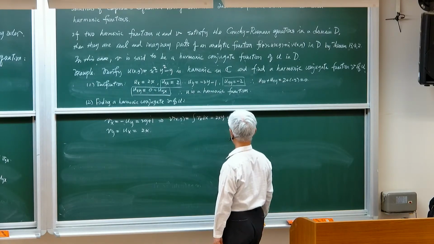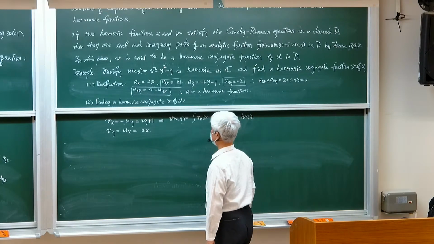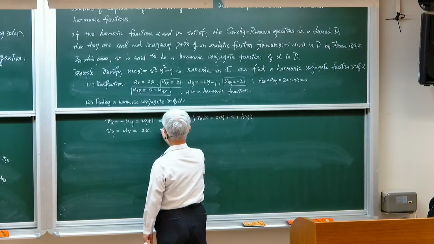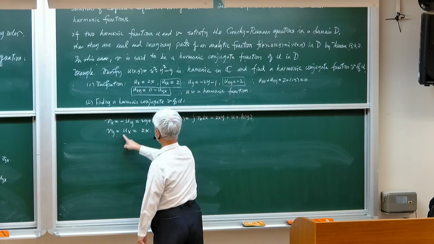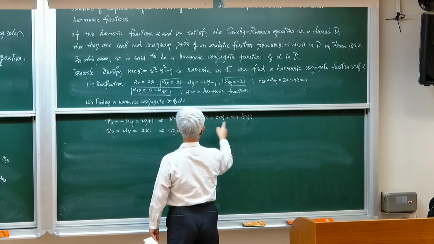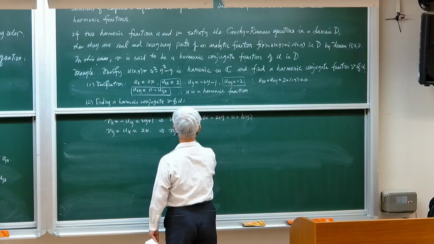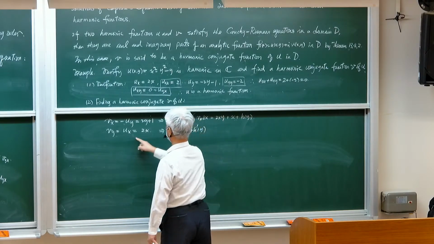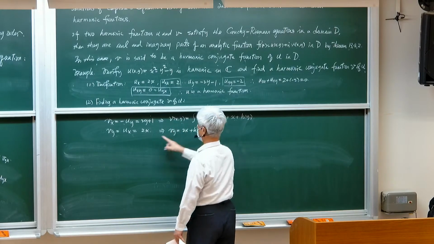From there, all right, this implies that Vy equals 2x plus h prime y, which is equal to 2x.